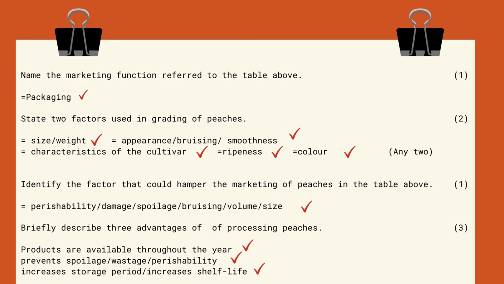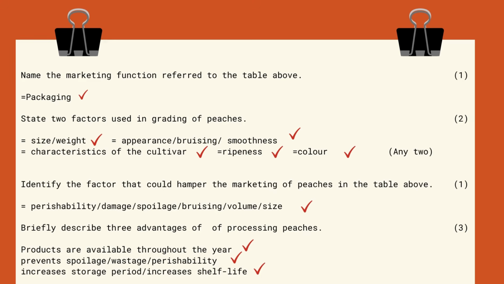However, the trick here is to ensure you understand each function clearly, understand the advantages and disadvantages, and be able to analyze the question. Because, for instance, on this one, with packaging, you are told, because the table that you have here has different classes.